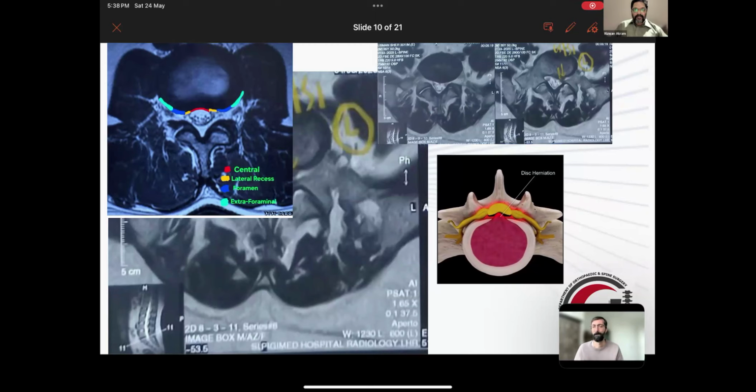Yeah. Actually, for transforaminal, it's a different set of scope than the interlaminar. It's a separate set that you use for a transforaminal. The cannulas and things are longer than the scope of an interlaminar. So one difference is that you need a separate set for that.